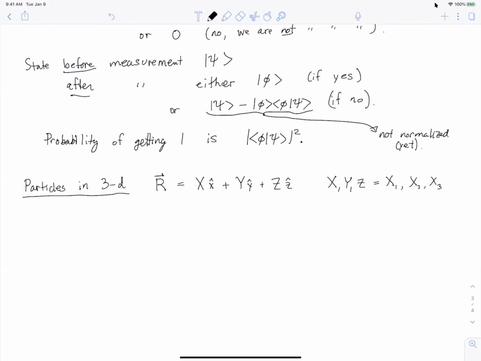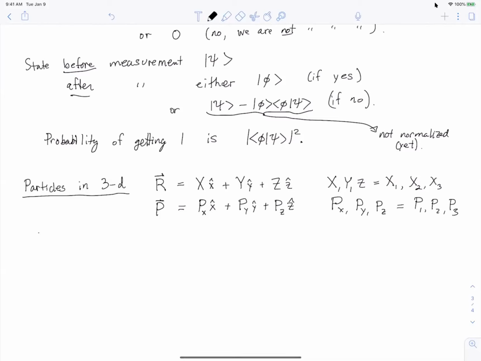The reason that's useful is that then we can use summation notation over the indices. And we do a very similar thing for the ordinary momentum in 3 dimensions. P sub x, x hat, plus P sub y, y hat, plus P sub z, z hat. And P sub x, P sub y, and P sub z, we could also call P1, P2, and P3, just to sum over them.